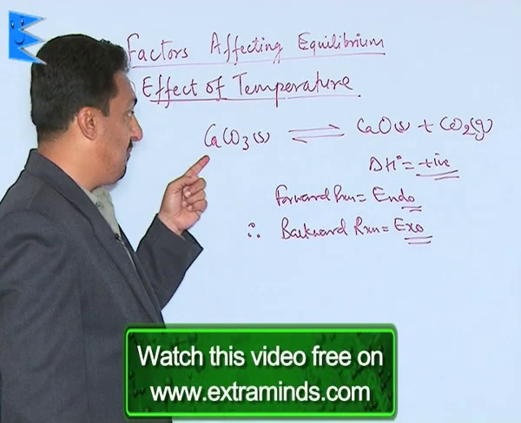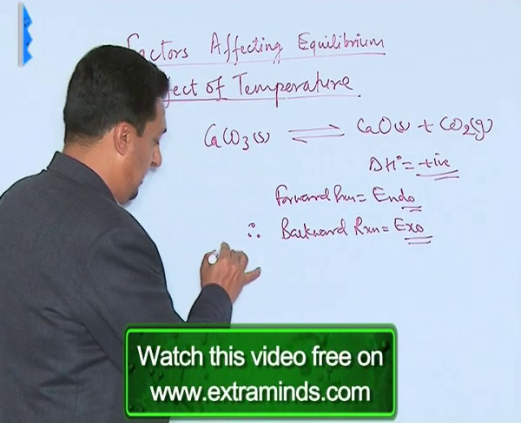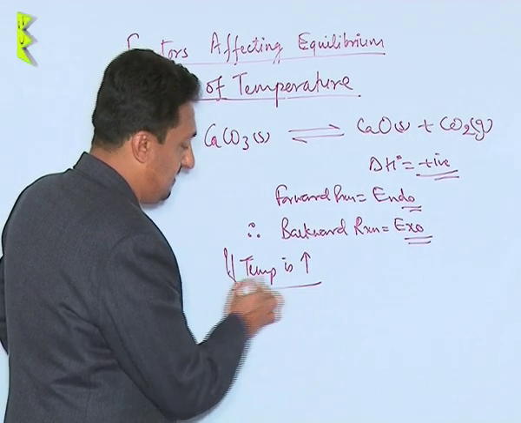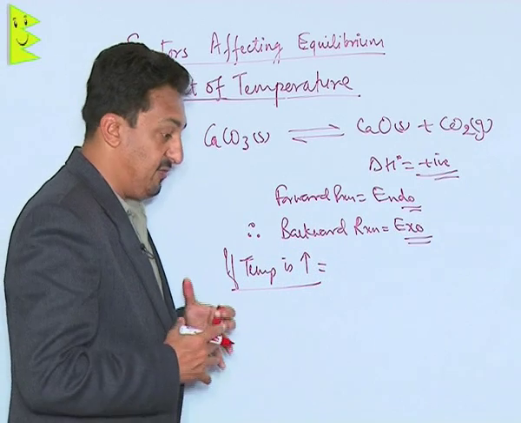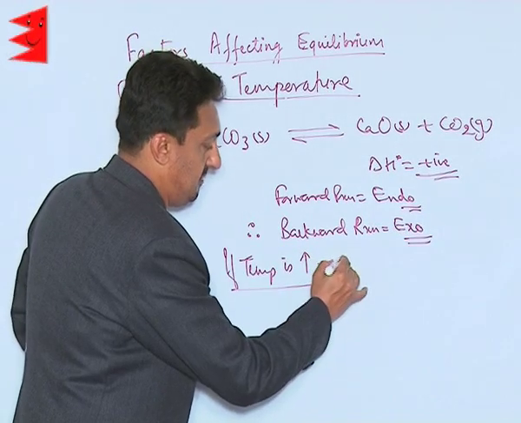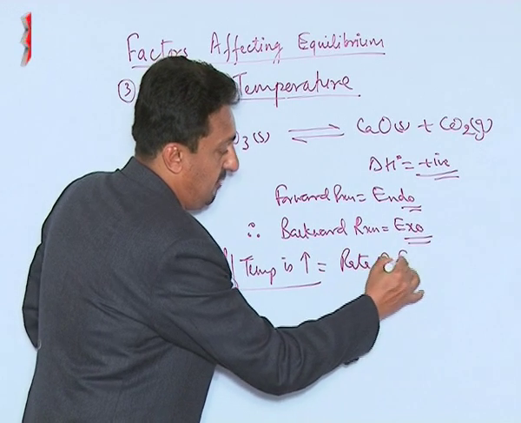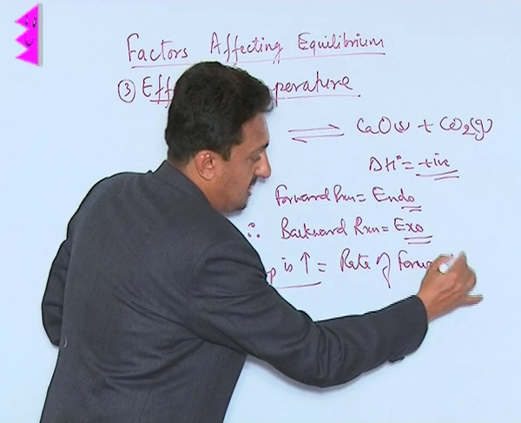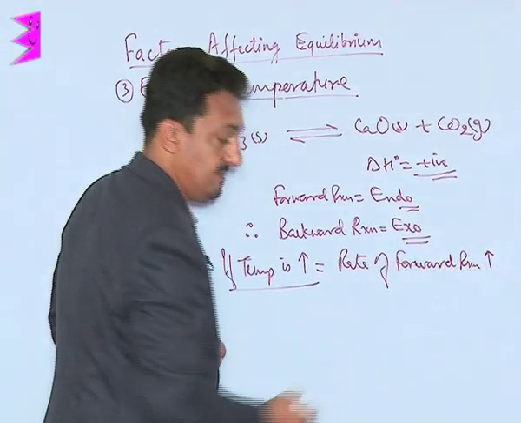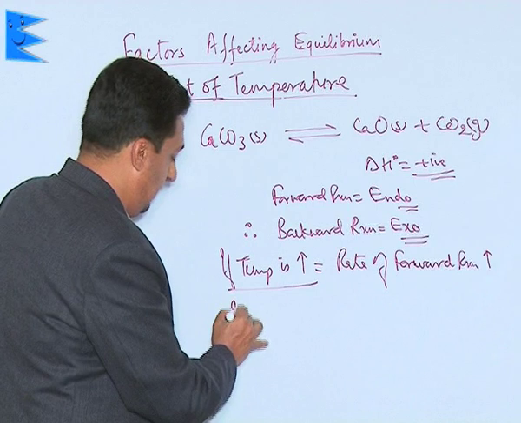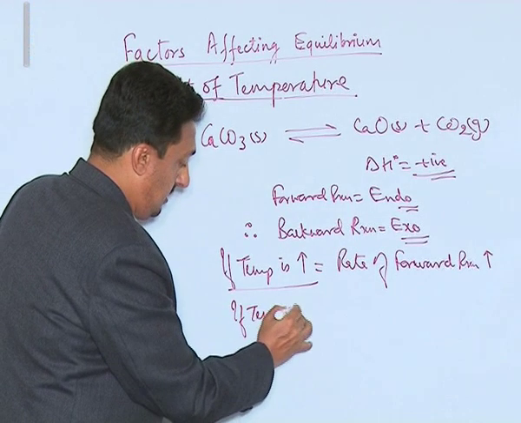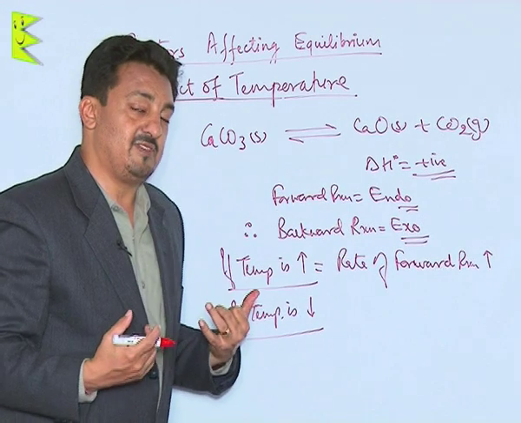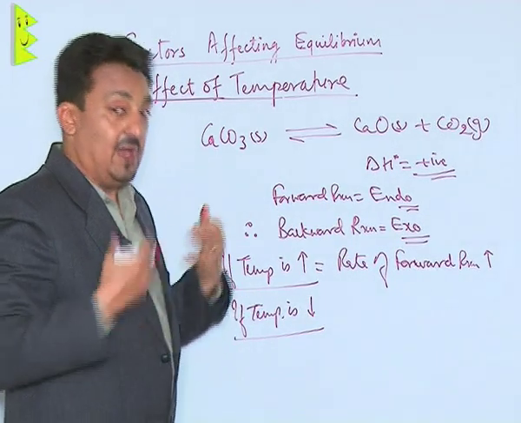Now, if the temperature is increased, in such a case, it means we are favoring the forward reaction. Therefore, rate of forward reaction increases. Whereas if temperature is decreased, we are taking out energy from the same reaction mixture, which is actually requiring energy.